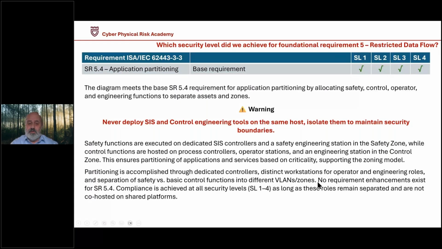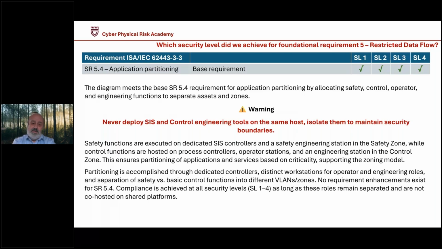Important in this case, application partitioning, is that we do not install the SIS and the control engineering tools on the same hosts. Some people like to save some money, buy one desktop, and install all the engineering tools on a single engineering station.